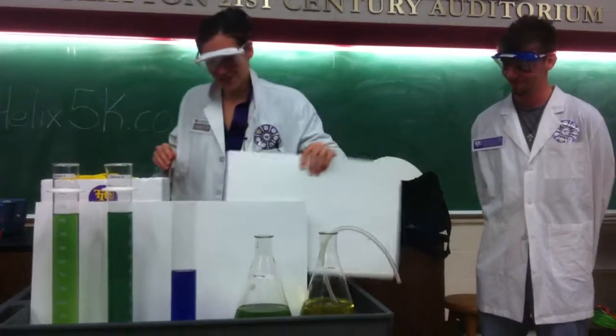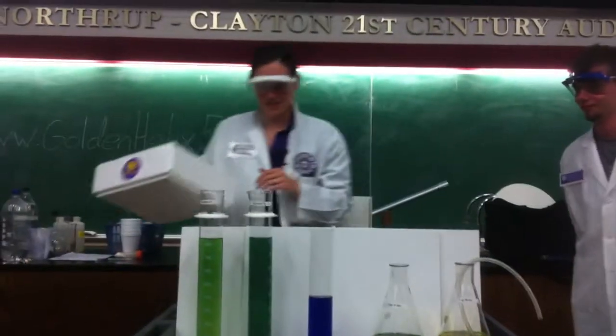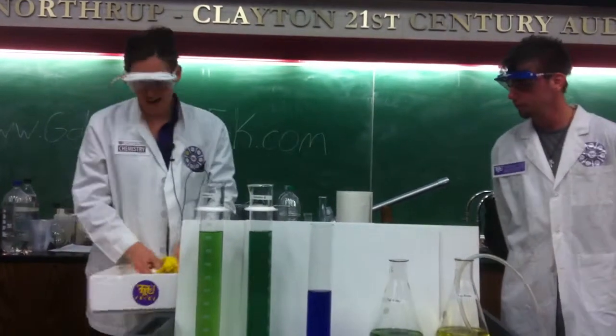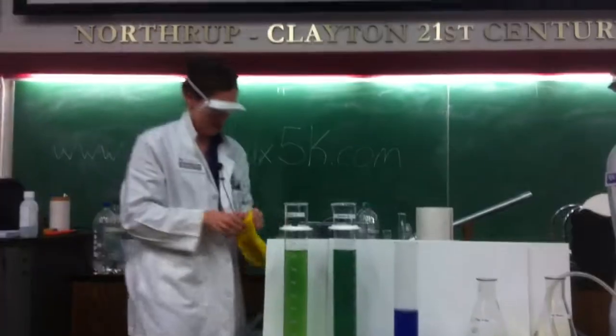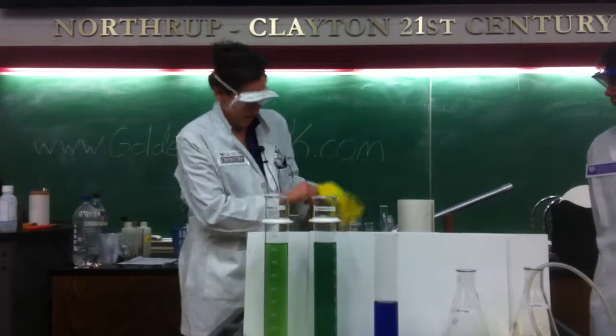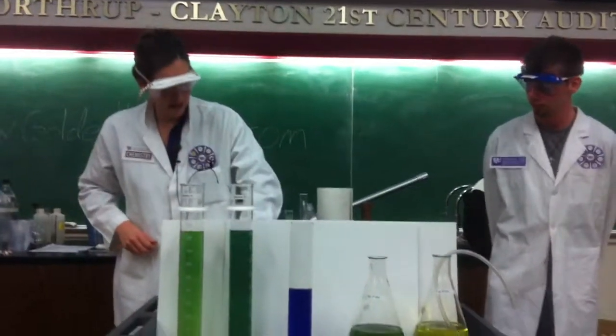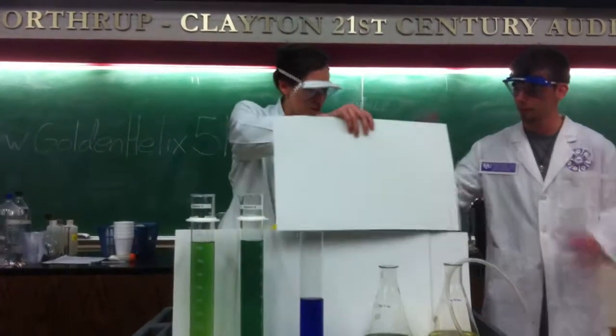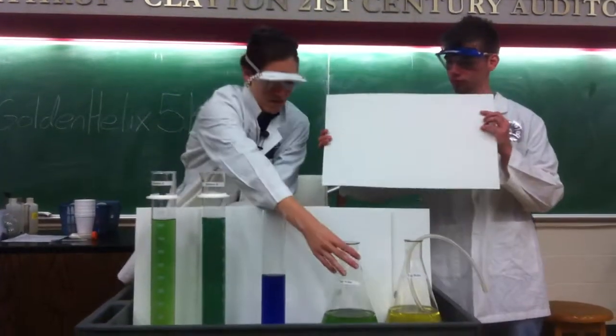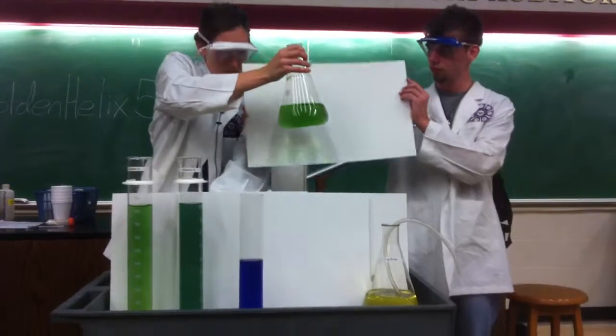Here I have solid carbon dioxide, dry ice. So we have dry ice. Incredibly cold, so I'm going to put a glove on. Lucas, can you hold this so that you can see? Got our tap water.